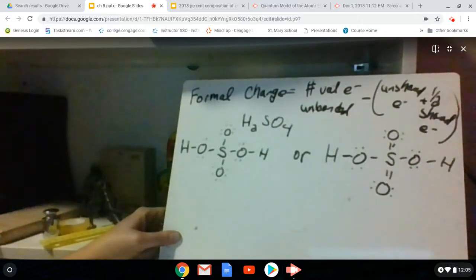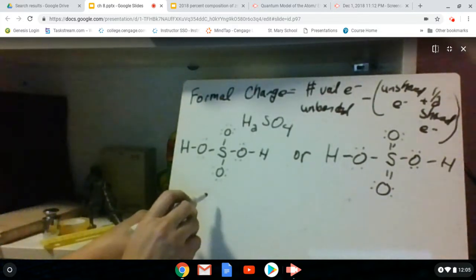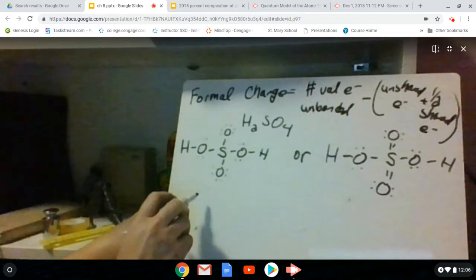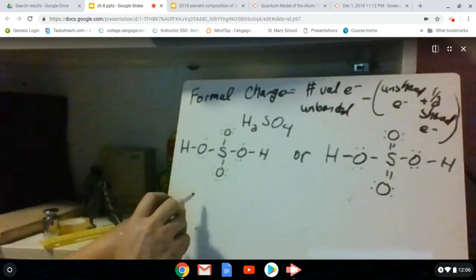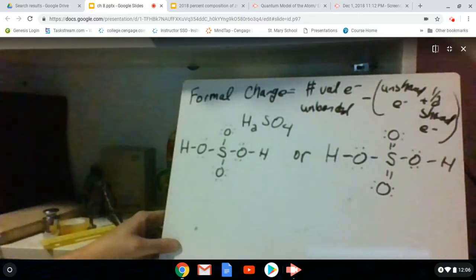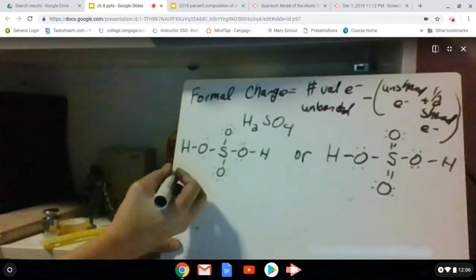So which one is it? Let's take a look at this one first. The formal charge is equal to the number of valence electrons in the neutral unbonded atom minus the number of unshared electrons plus half of the shared electrons. So we're going to do it for H first. How many valence electrons does this hydrogen have?